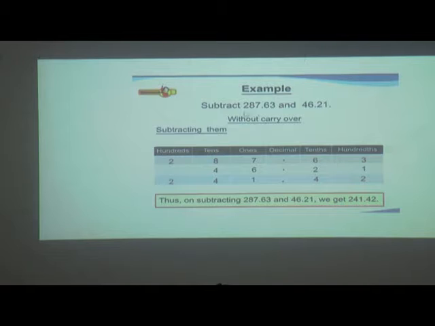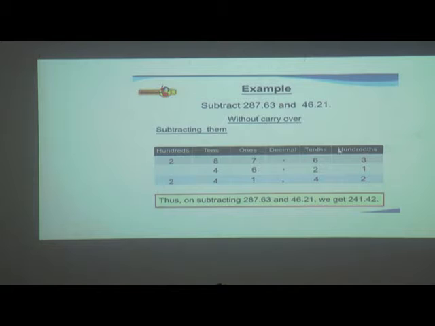Subtract 46.21 from 287.63. This is a place value chart table of a decimal. Here the decimal point is written, with ones, tens and hundreds, because we have seen many examples.